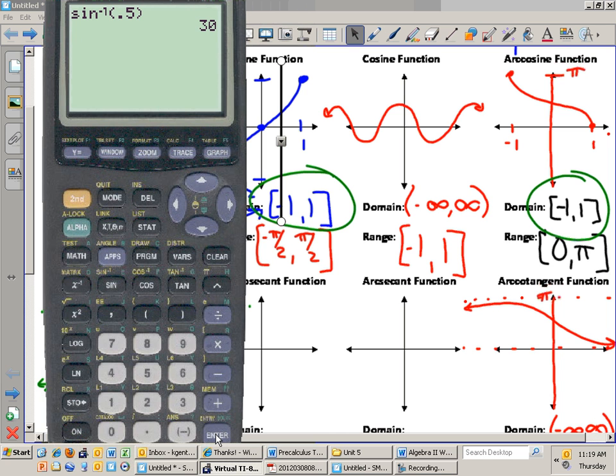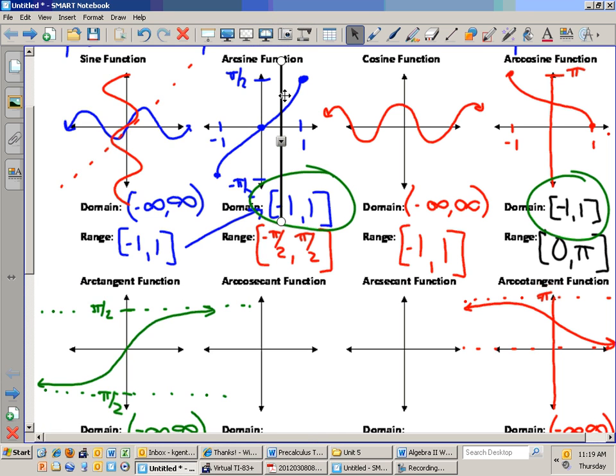So for these problems, all we need to do is go to our calculator. However, I want you to understand that sine can equal 1/2 in more than one spot. But for arc sine, we only get one result. And in this case, we get 30 degrees.